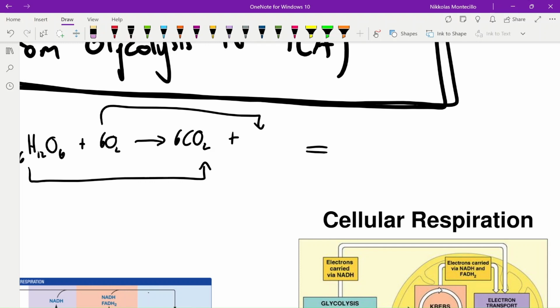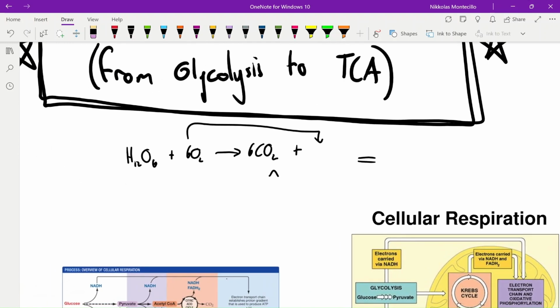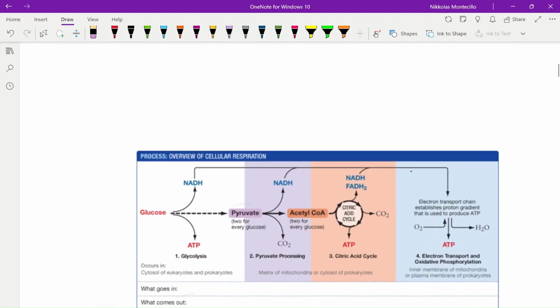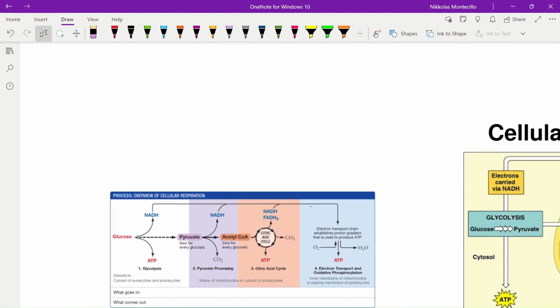So cellular respiration occurs in several places, and the place depends on the process. Glycolysis occurs in the cytosol of eukaryotes and prokaryotes.